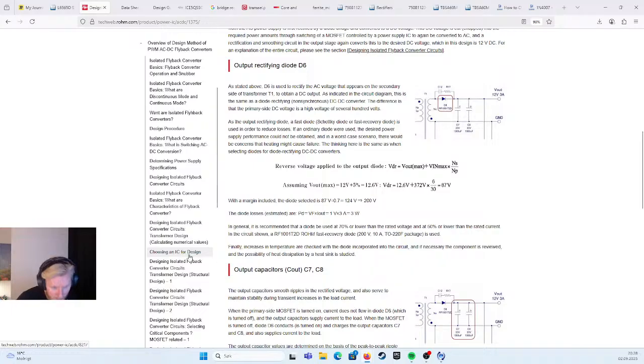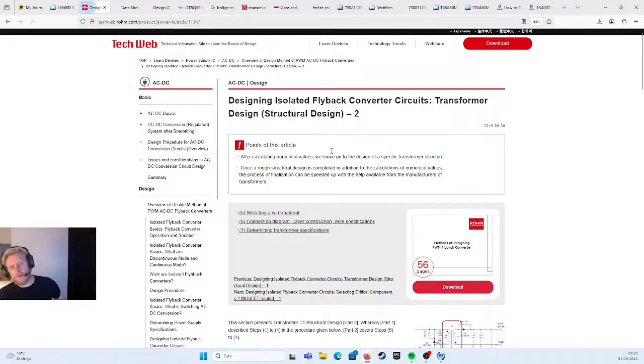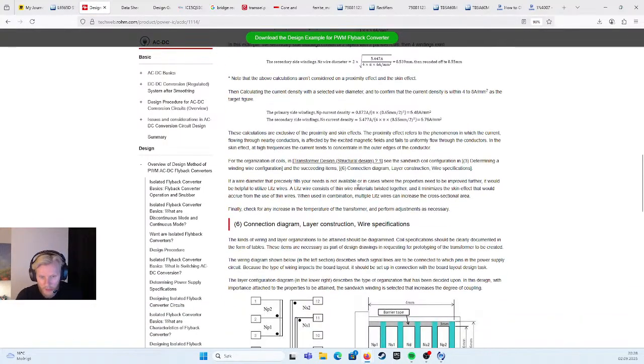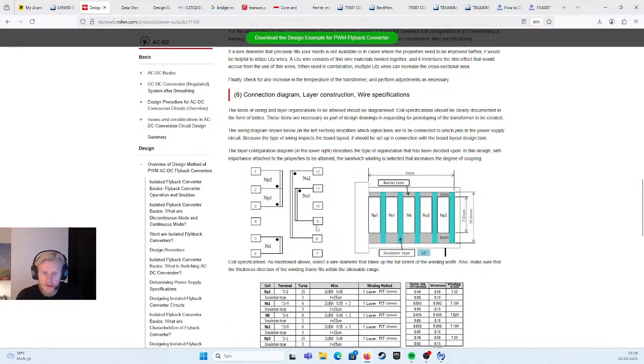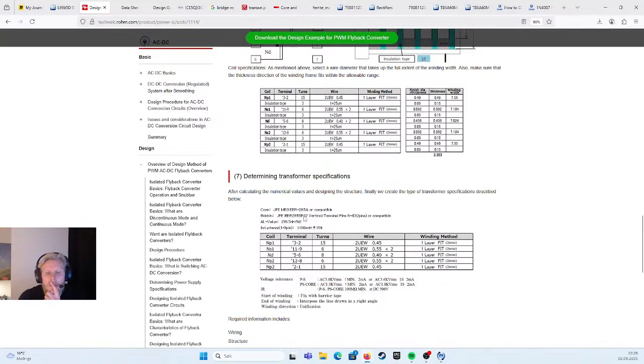You know what, let's go back and check a little bit where we left off. And this is where we left off. We selected, determining transformer specifications.